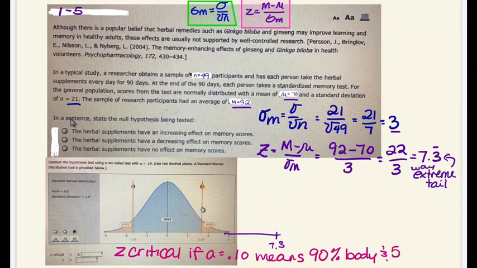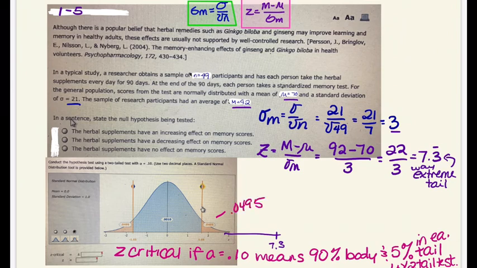So if a two-tailed test is at 0.10, then you're going to have 90% in the body and 5% in each tail, because an alpha level of 0.10 means 10% are in the extreme regions.